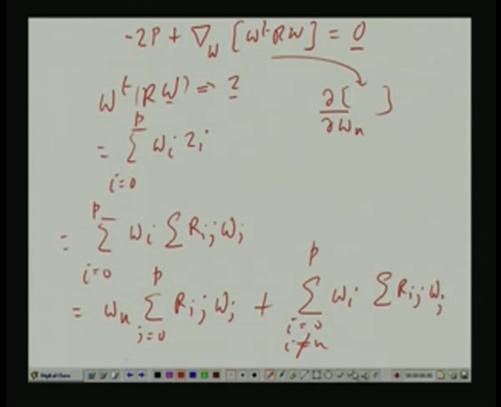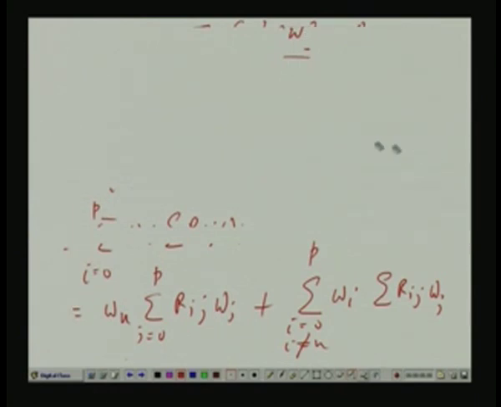Okay. I have to differentiate it with respect to w k. First, consider the second term.